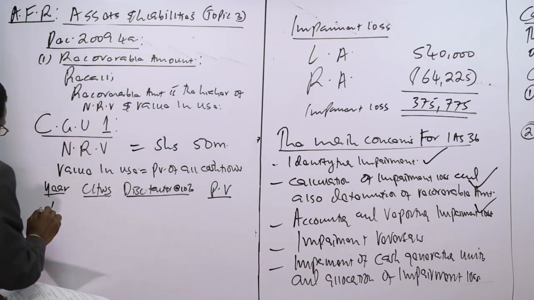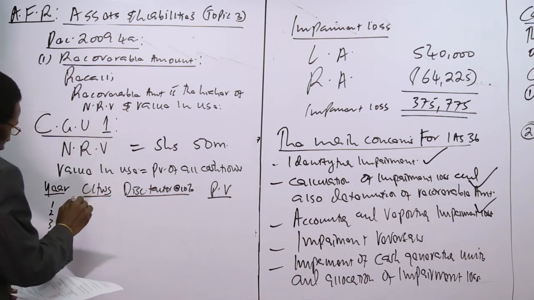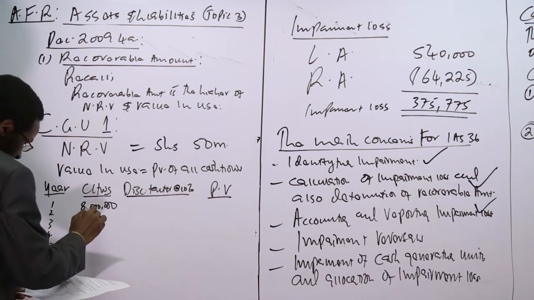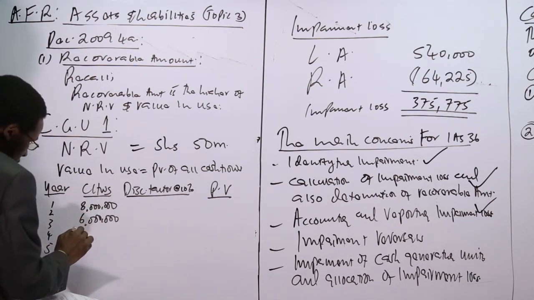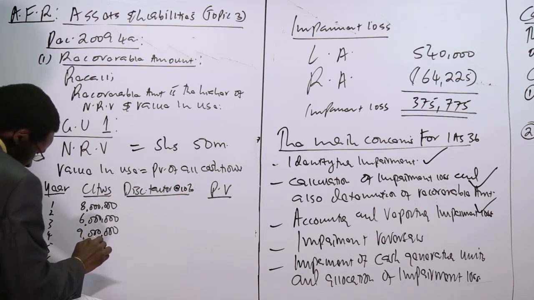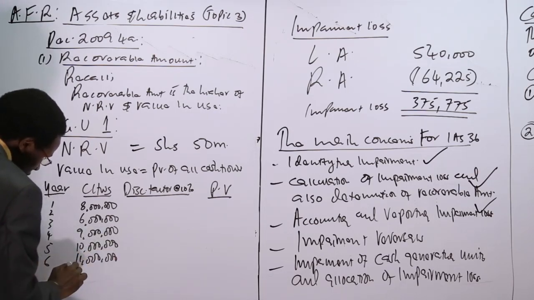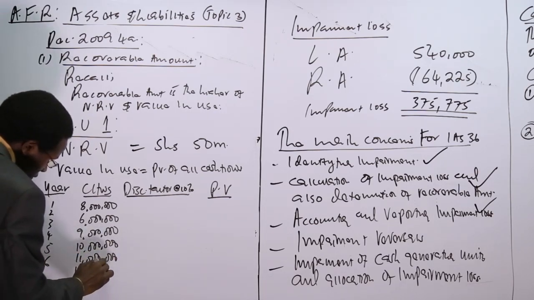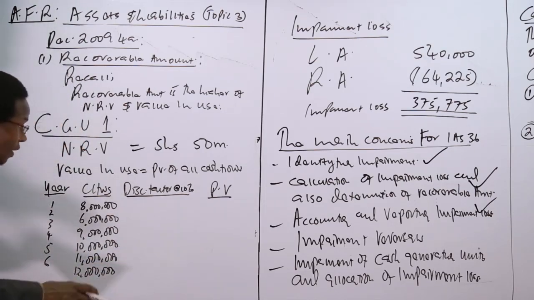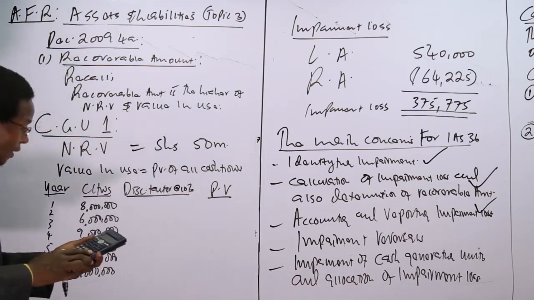So we have years 1, 2, 3, 4, 5, and 6, with 8 million, 6 million, 9 million, 10 million, 11 million, and 12 million. Then we have the discounting factor at 10%.